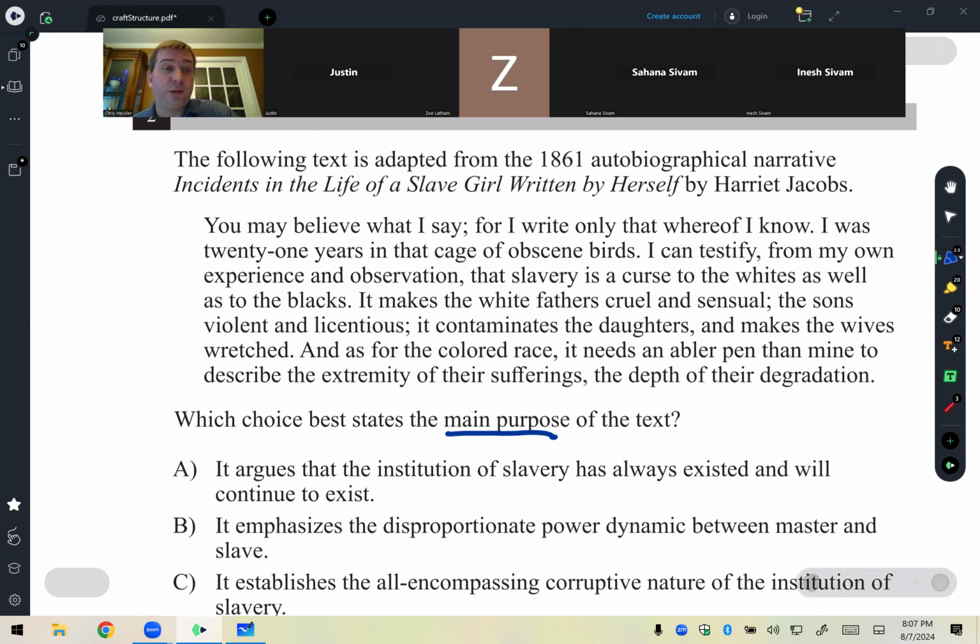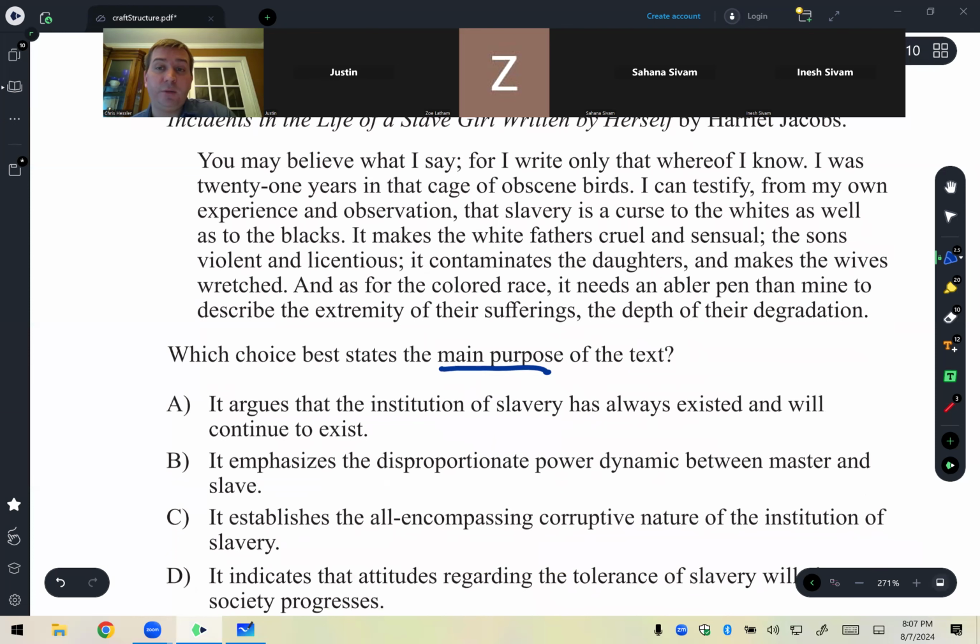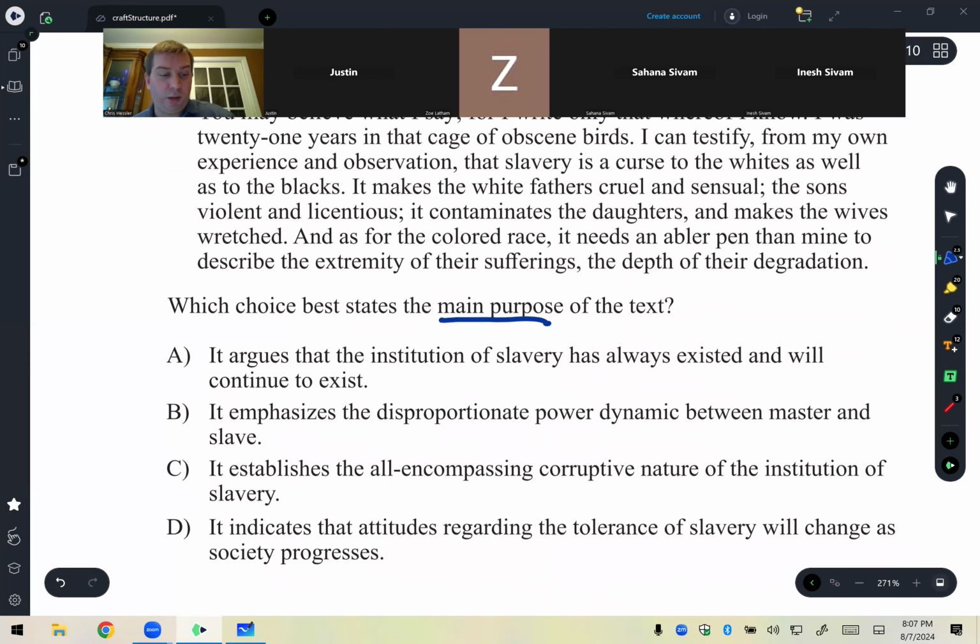All right, so I'm going to go through some of the answer choices and see if I can eliminate any of them. What about A? Does the text argue that the institution of slavery has always existed and will continue to exist? The passage does not make that claim. I can cross it off. B, does it emphasize the disproportionate power dynamic between master and slave?